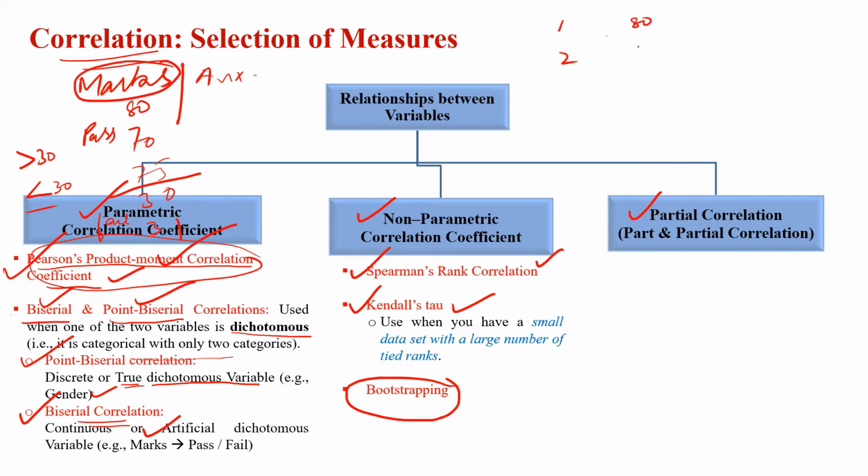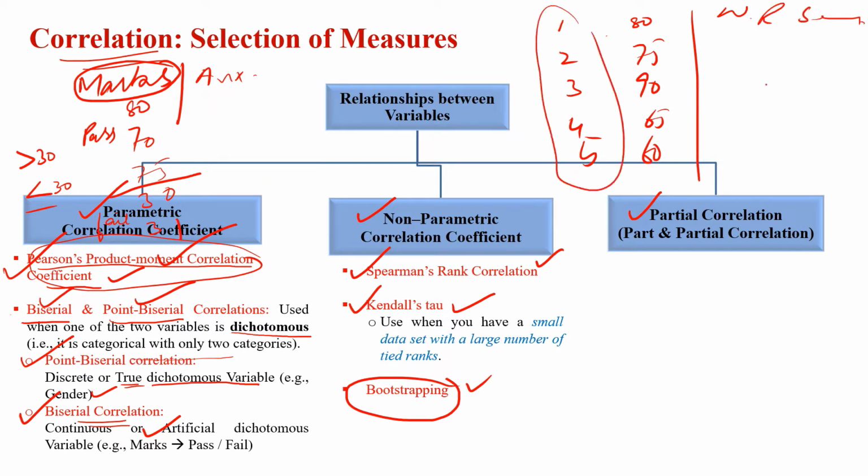Participant number 1 has marks 80, the second participant has 75, the third has 90, the fourth has 65, and the fifth has 60. Now I want to generate samples, meaning I want to apply bootstrapping. What bootstrapping does is generate samples with replacement. If I want to generate 5 more samples based on these 5 respondents, it will do that with replacement.